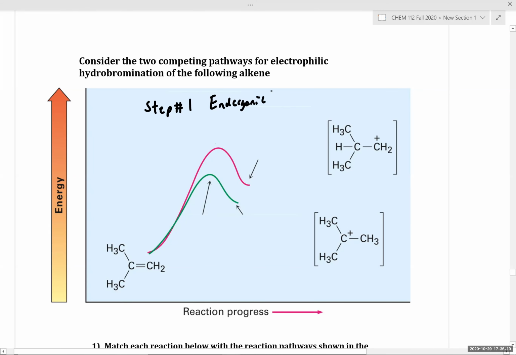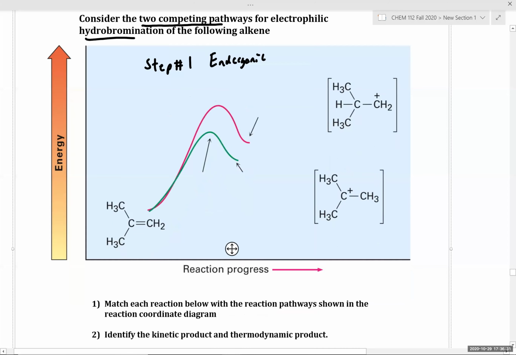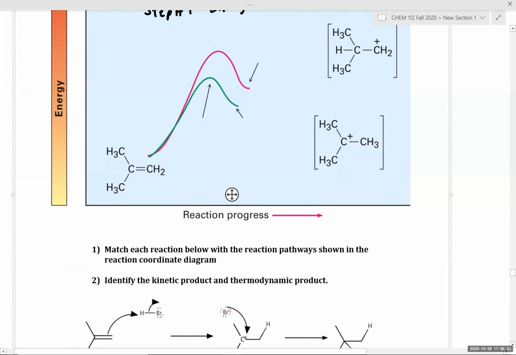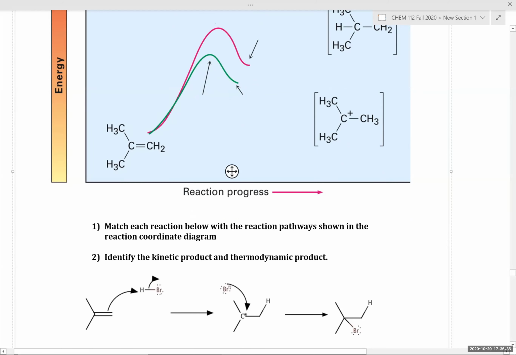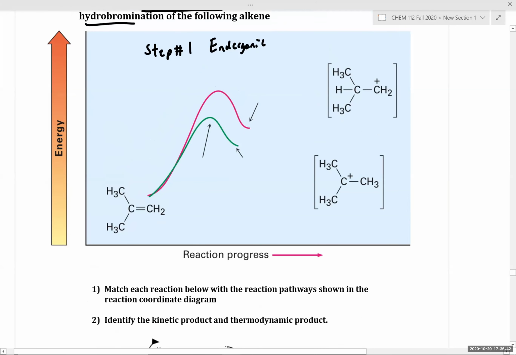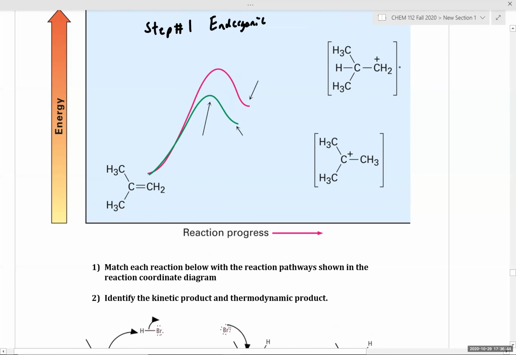And what I'd like you to do as a group problem solving example is consider these two competing pathways for hydrobromination. I'd like you to take a look and identify in this scheme which of these two products, A or B, corresponds to each of these two reaction pathways.